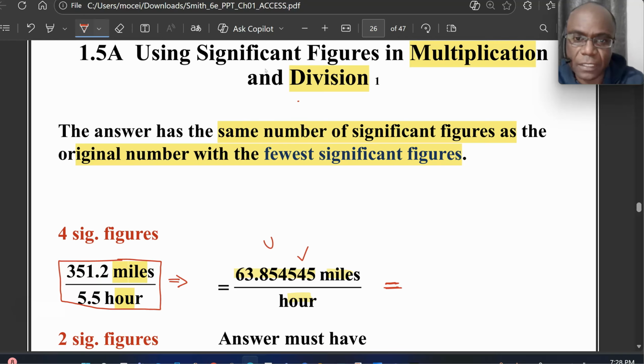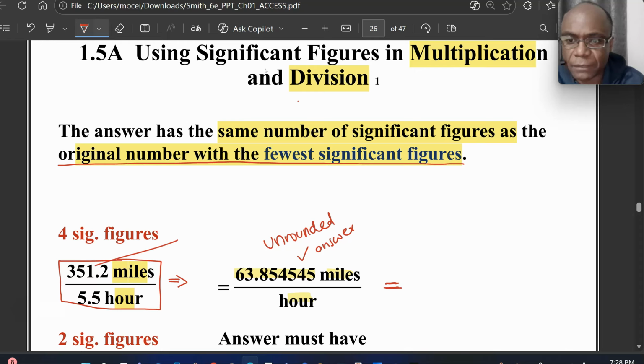Yes, you show the unrounded. We always show the unrounded in our work. For example, if this was an experiment, you'll show your unrounded number. But now to report to the correct significant figures, the final answer must have the same number of significant figures as the original number with the fewest significant figures.